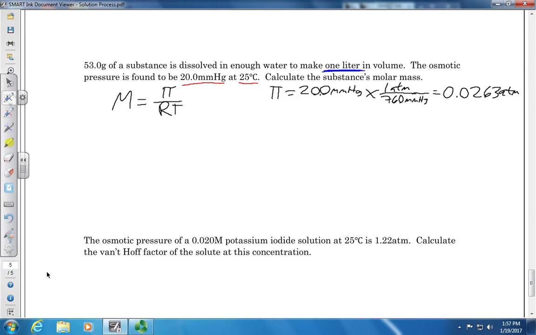And then for our temperature, we have 25 degrees Celsius. Add 273 to it, you have 298.